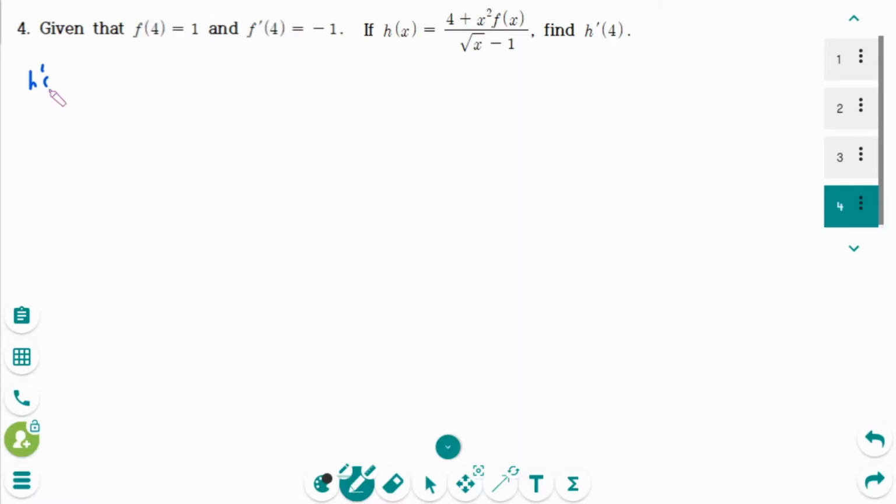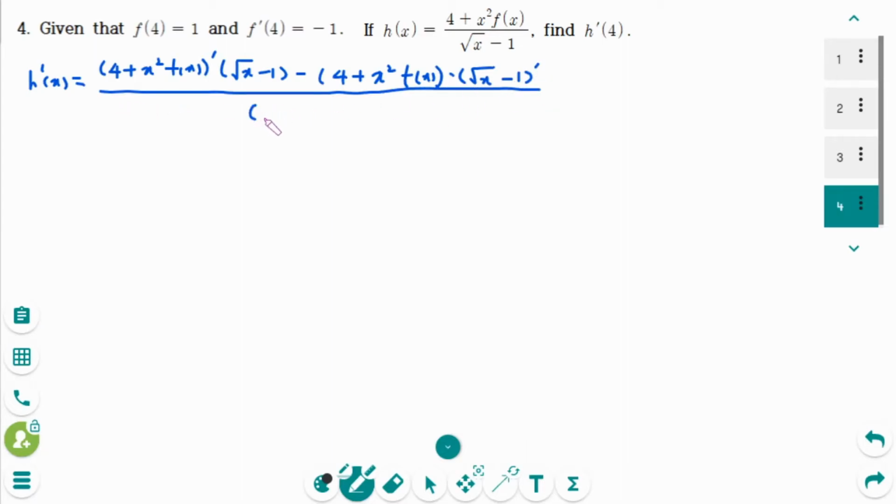H prime of x equals, prime the numerator times the denominator minus numerator times prime the denominator over the denominator squared, equals 4 prime equals 0.